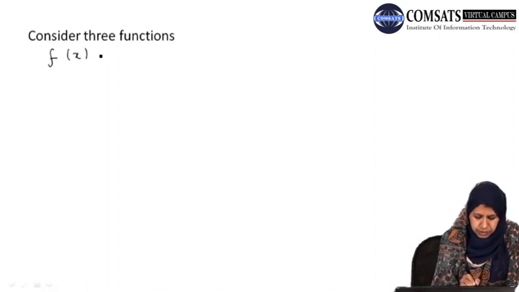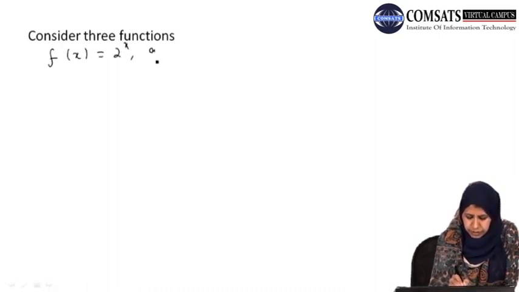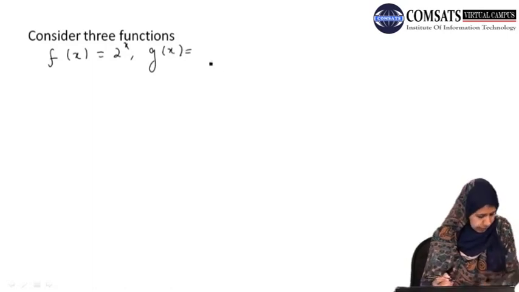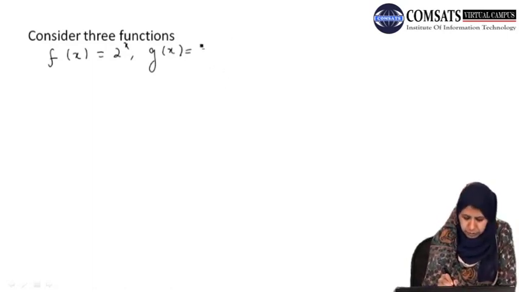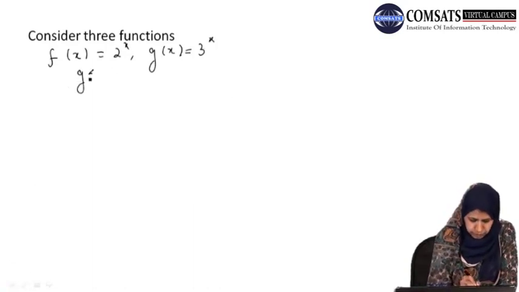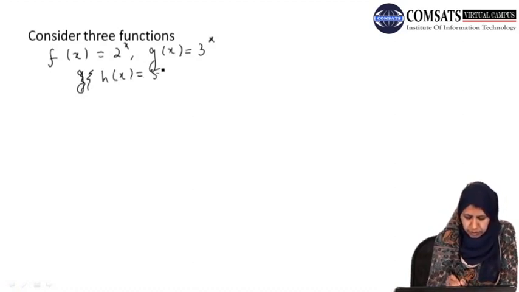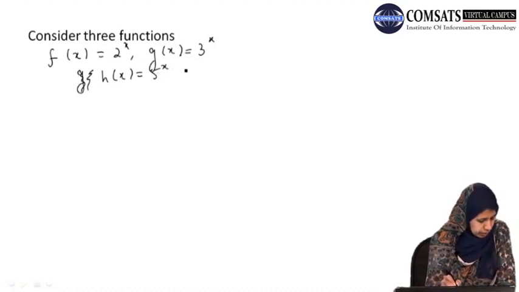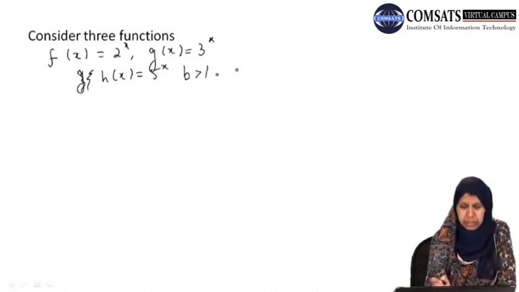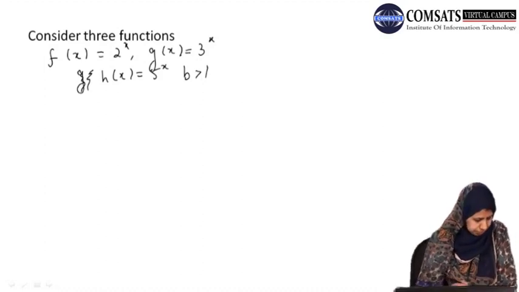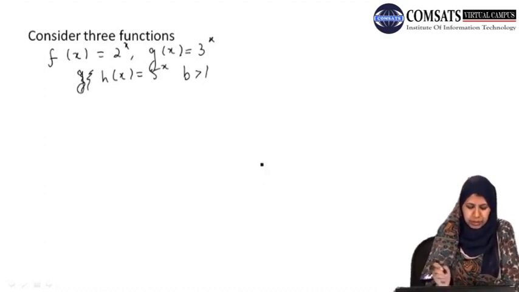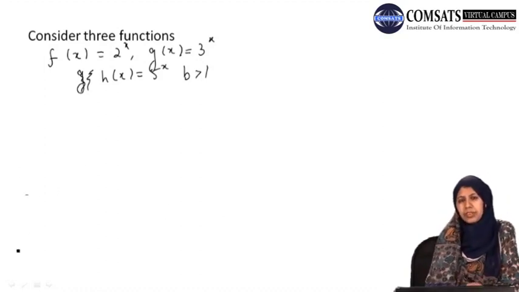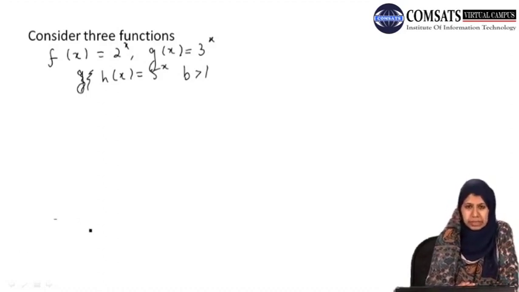The first function is the same one, 2 to the power x, our second function, let's say 3 to the power x, and our third function, h of x, say 5 to the power x, where b is clearly greater than 1. Okay, and now why are we considering 3 exponential functions? Because we want to see how exponential functions basically behave.